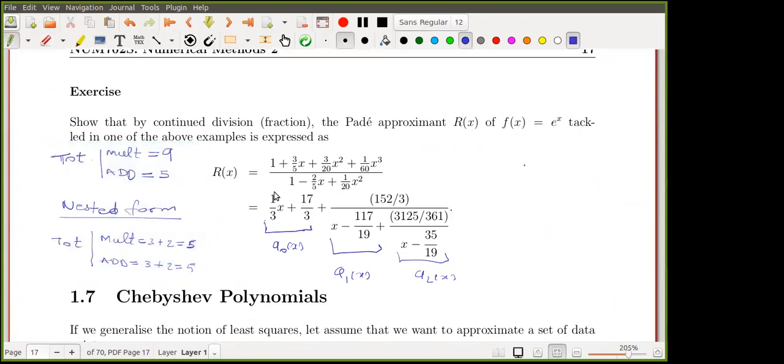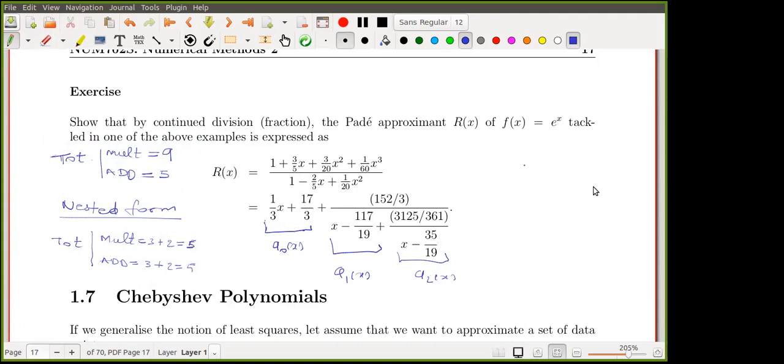Okay, so we saw that if we count the total number of multiplications in the numerator and denominator, it gave us 9. If we compute the total number of additions, it gave us that. But if you take the nested form of the numerator and the nested form of the denominator, the number of multiplications will be 5, and the number of additions will still be 5, because in the nested form, the number of additions is equal to the number of multiplications. Okay.